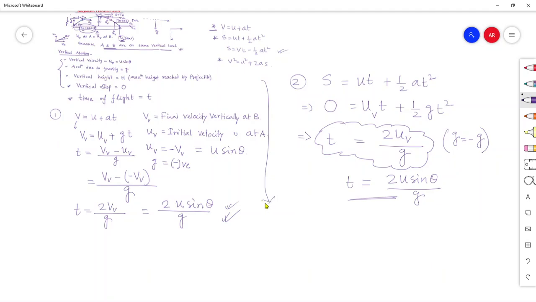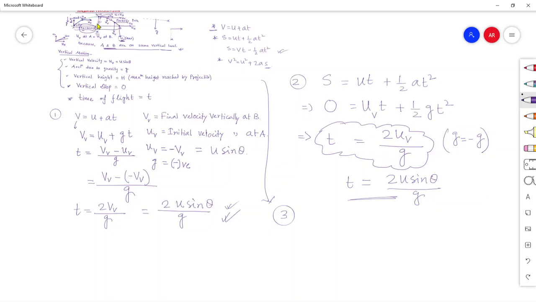Now, the third equation, if we want to see right here, v squared equals u squared plus twice as. So right now, we are going to consider this v and u for the rising or falling of this object, not the entire path, because this s right here, we want to deal with the vertical height.